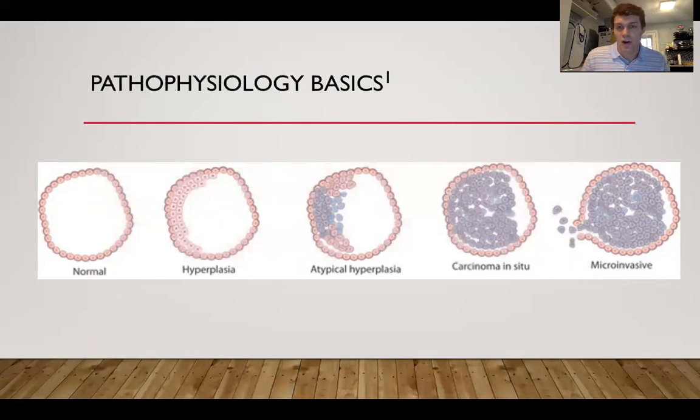After that, you have your carcinoma in situ, which is essentially a grouping of abnormal cells. And then once that group of abnormal cells continues to proliferate, grow, and expand, it has the potential to be microinvasive and metastasize and spread throughout the body's blood and lymphatic systems.